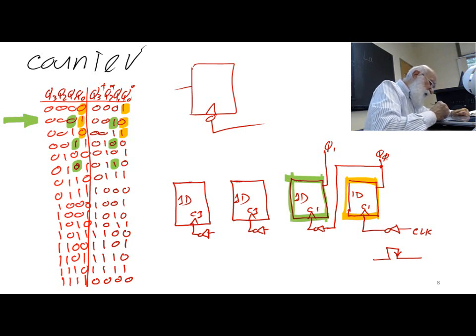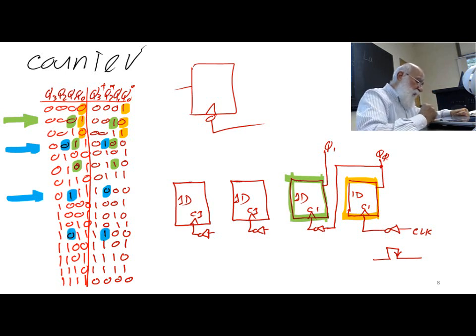I'm seeing that the third flip-flop toggles 0 to 1 here, 1 to 0 here, 0 to 1 here, and then finally 1 to 0 here.